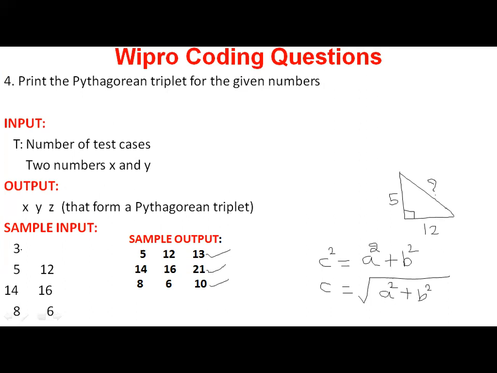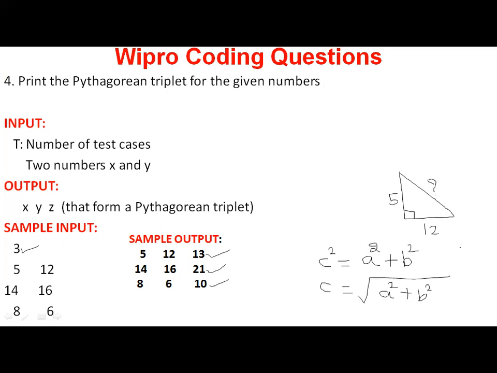Here the number of test cases is 3, so for these three pairs it should calculate and print the three outputs on the screen. If it is 5, there may be 5 input pairs and your program should print 5 output lines. Based on the number of test cases your program should repeat. This is the logic.